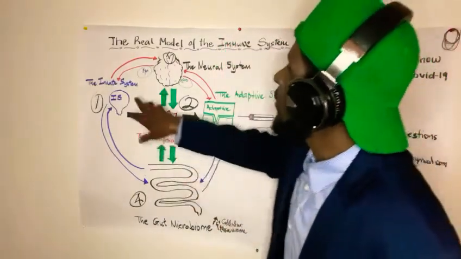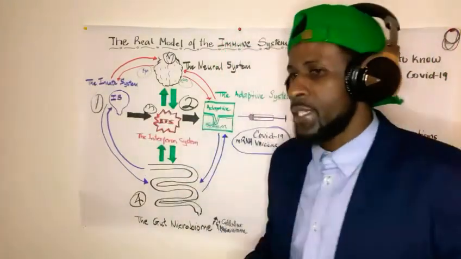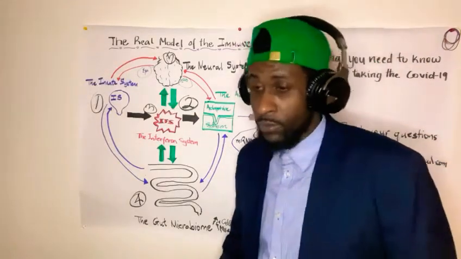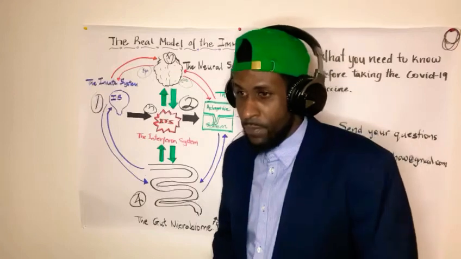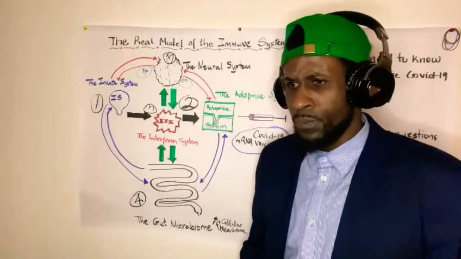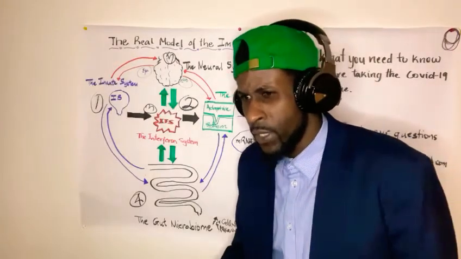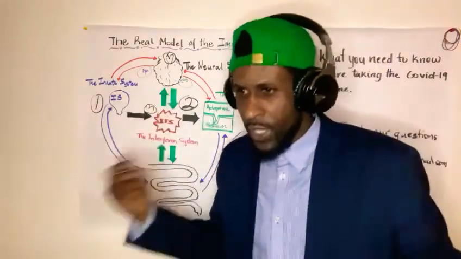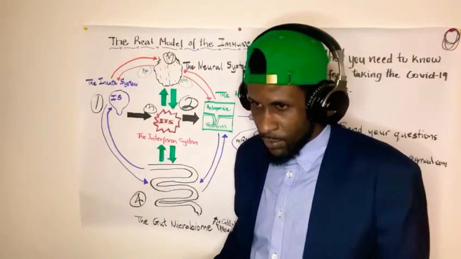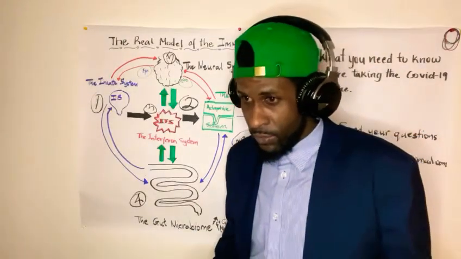All right, so the innate immune system, as I said, is the system that you were born with, your natural immune system, and it allows you, of course, to respond to the external environment as well as your body's internal environment in respect to pathogens, right?